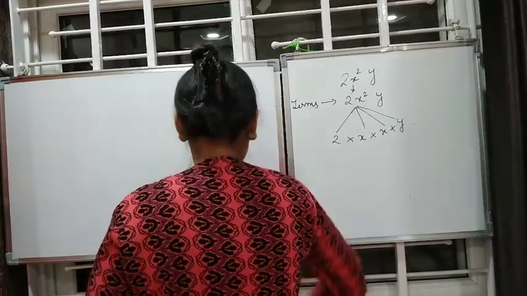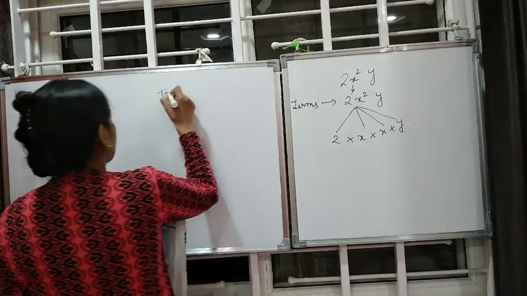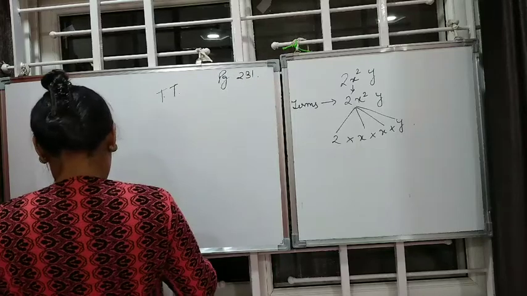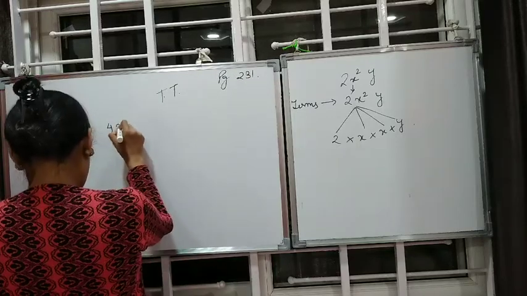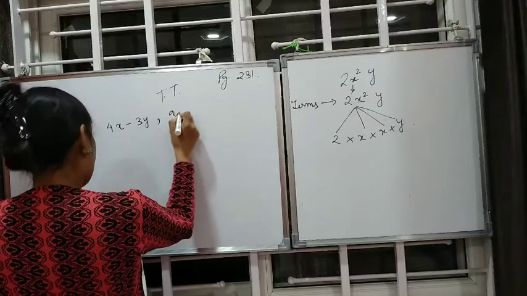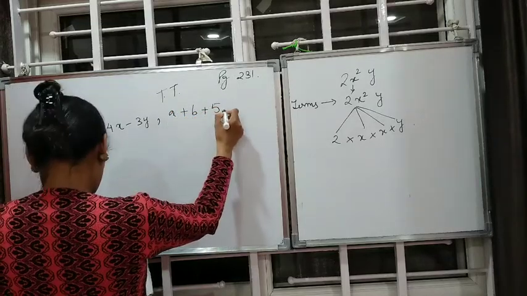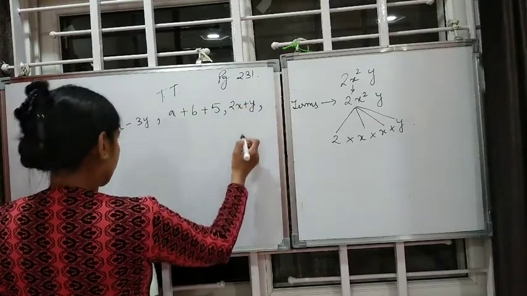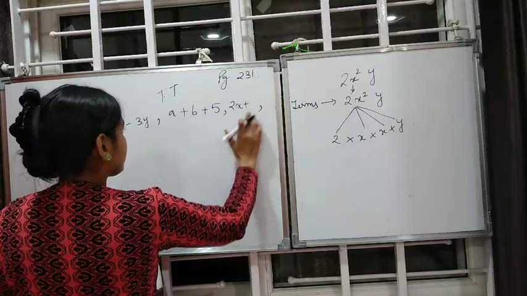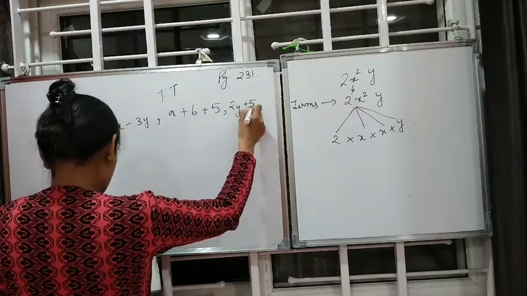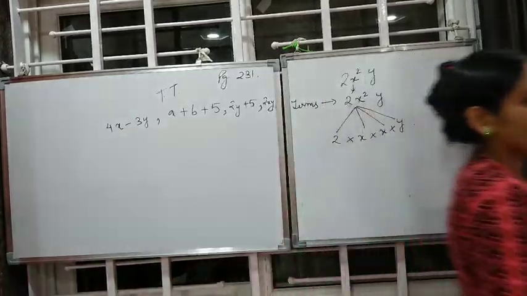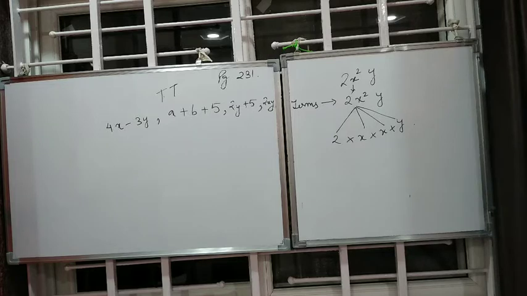One minute, children. 4x minus 3y, a plus b plus 5, 2x plus 5, 2y plus 5 and 2xy here. So we have to find out the coefficients of the terms of the following expressions.